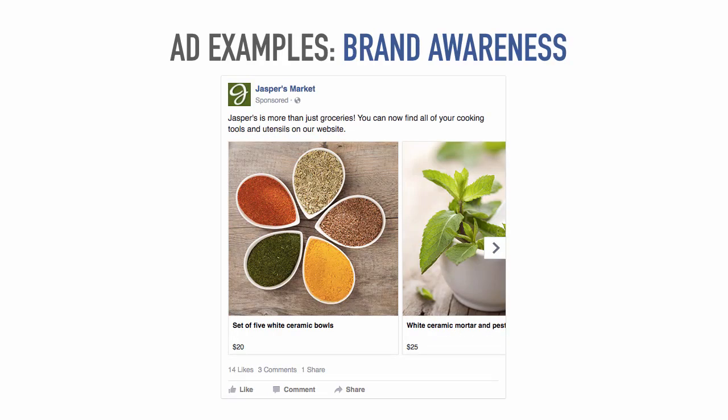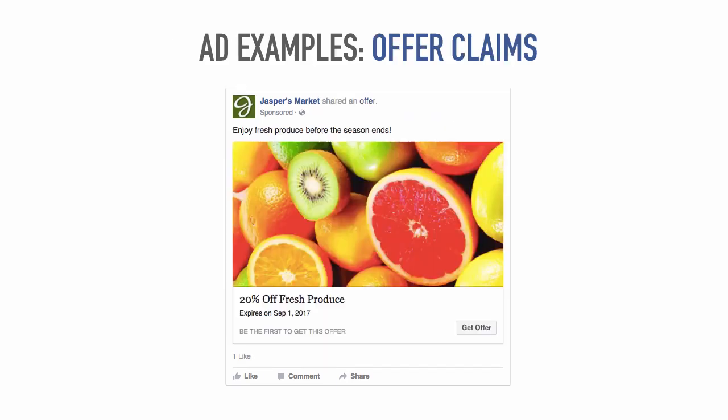Brand awareness ads can be good if you want to use Facebook ads for more brand related objectives, such as increasing awareness, positive sentiment, or consideration preference. And of course, you can use different ad formats like this carousel ad if you want more engaging ads.